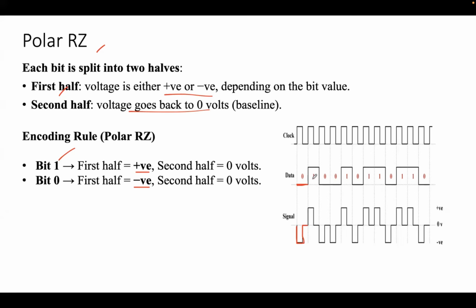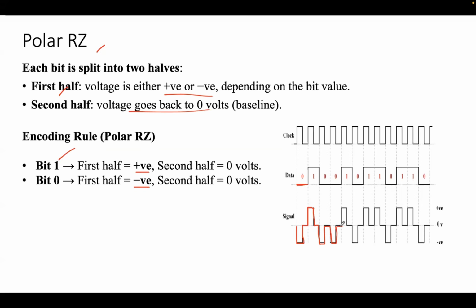Then when we get this 1, first half should be positive, second half should be 0. Next, when we get 0, again first half should be negative, second half should be 0. Again we have one more 0, so first half should be negative, second half should be 0.